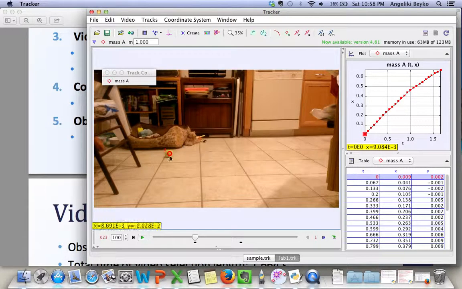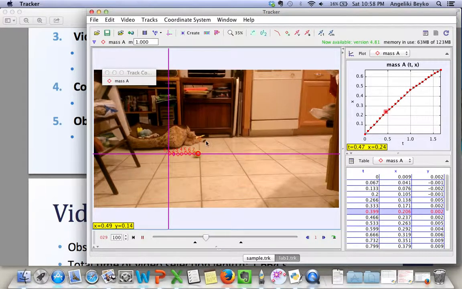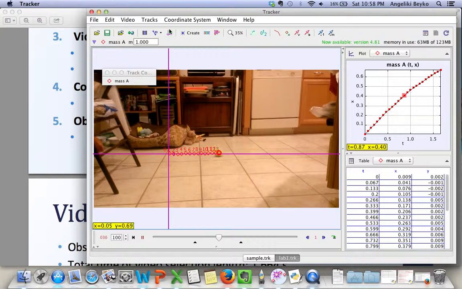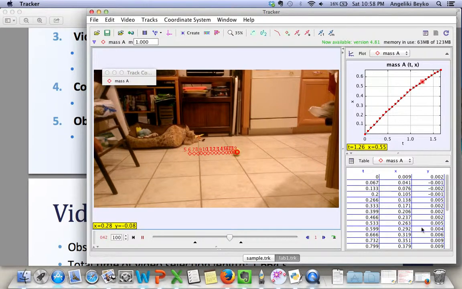So here is the object. This is the object in motion, and you can see the positive x direction. So it's increasing in the positive x direction over time. And this is the calibration stick. Here are the data points.